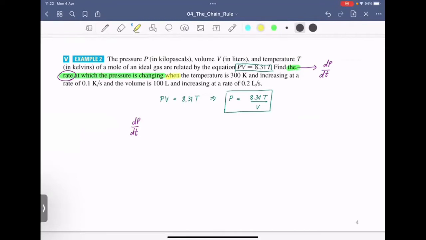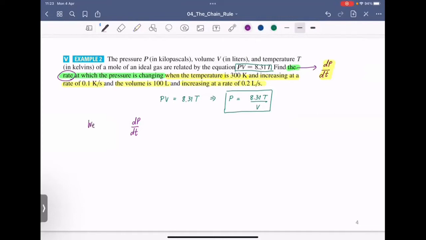When the temperature is 300 kelvins and increasing at the rate 0.1 kelvin per second, and the volume is 100 liters, increasing at the rate 0.2 liter per second. So basically they want to find dP/dt when the given information applies. So we want to find dP/dt when you know that the temperature and volume are going to change a little bit.